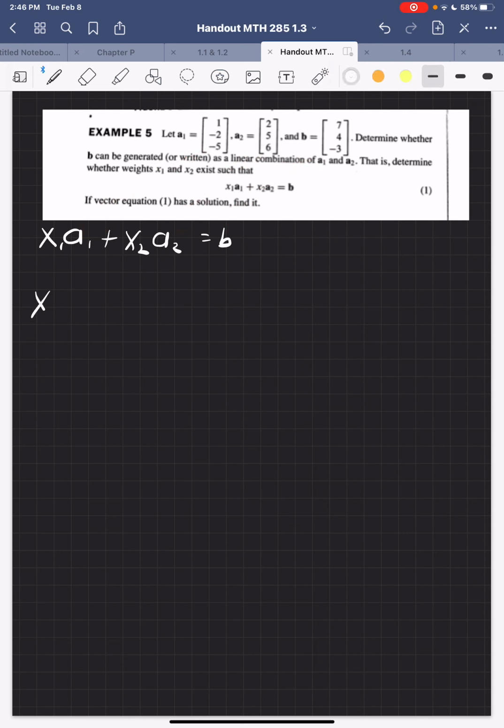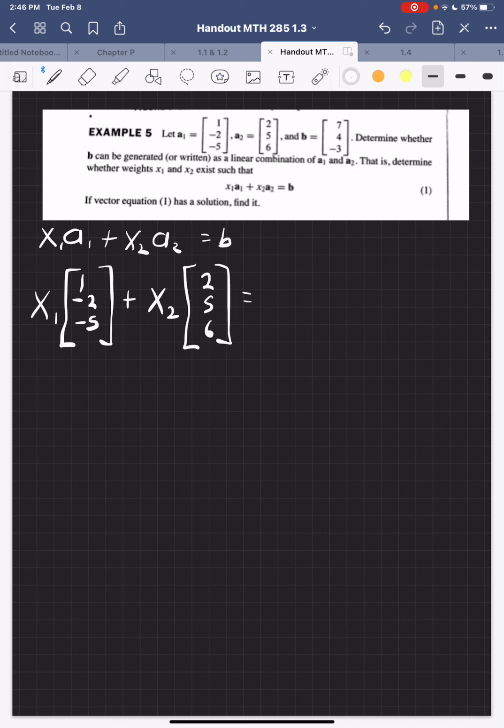So now the equation is x sub 1 multiplied by 1, negative 2, negative 5 plus x sub 2 multiplied by 2, 5, 6. And that must equal vector b, which is 7, 4, negative 3. Let me just make sure I haven't made any silly mistakes. So 1, negative 2, negative 5, 2, 5, 6, 7, 4, negative 3. Okay.